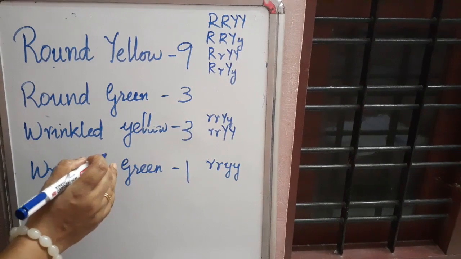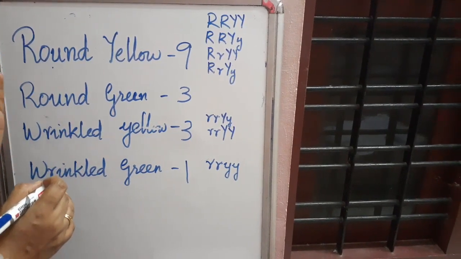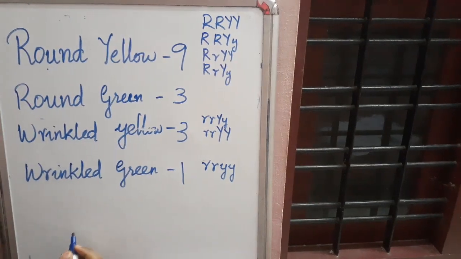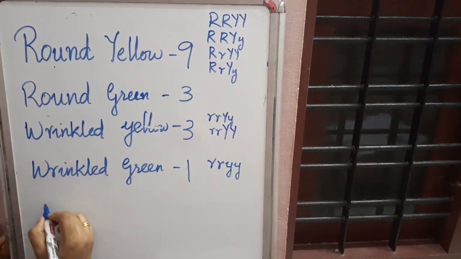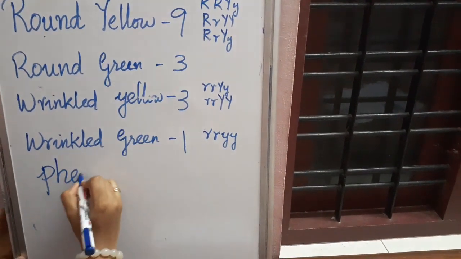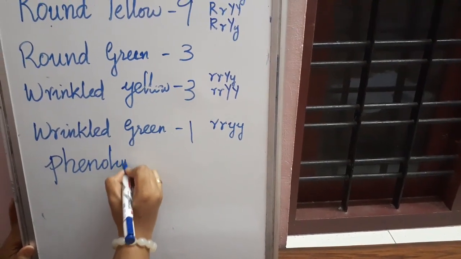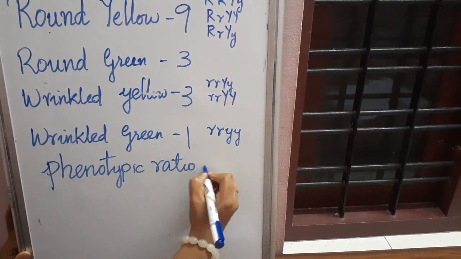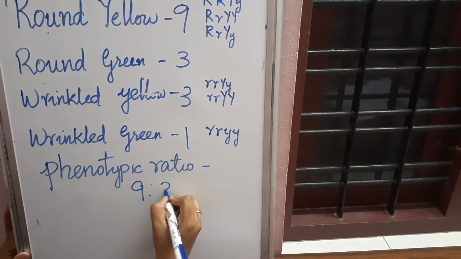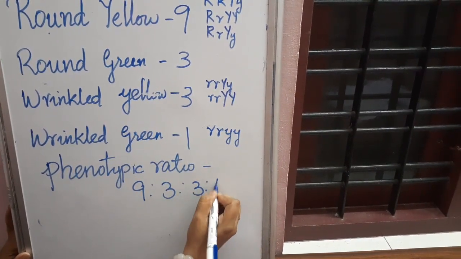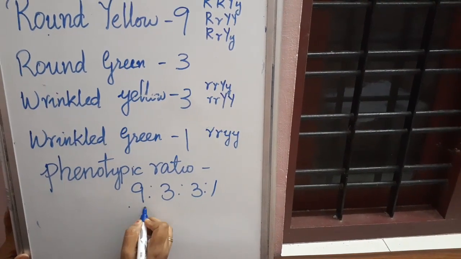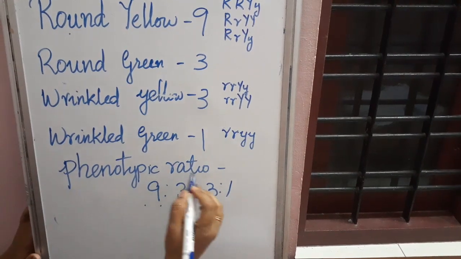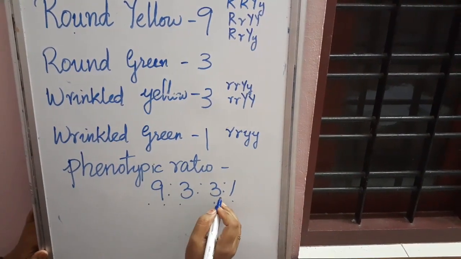So what will be the genotypic ratio? First we will see the phenotypic ratio. Phenotypic ratio means the physical ratio. The phenotypic ratio of dihybrid cross will be 9:3:3:1: 9 round yellow, 3 round green, 3 wrinkled yellow and 1 wrinkled green.